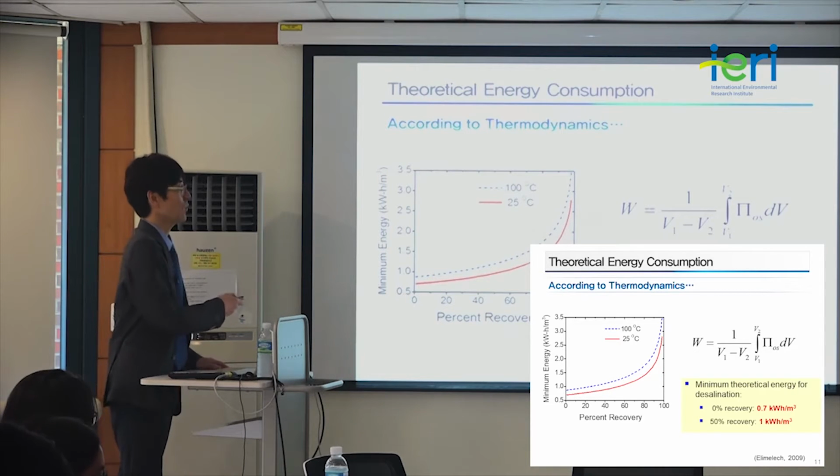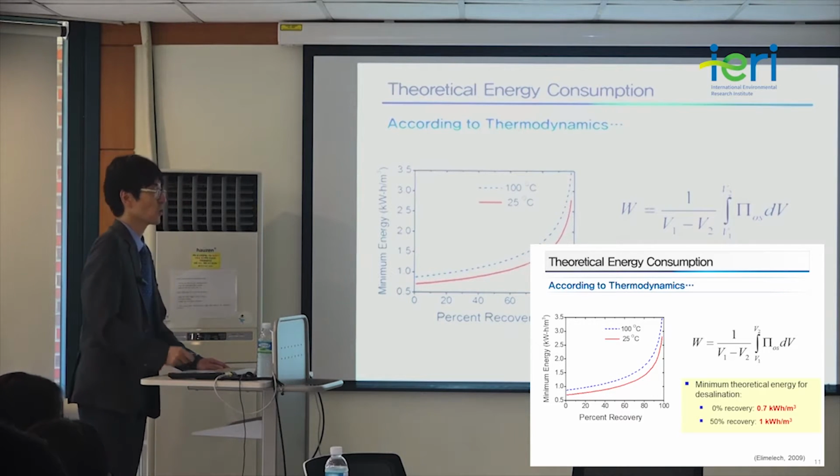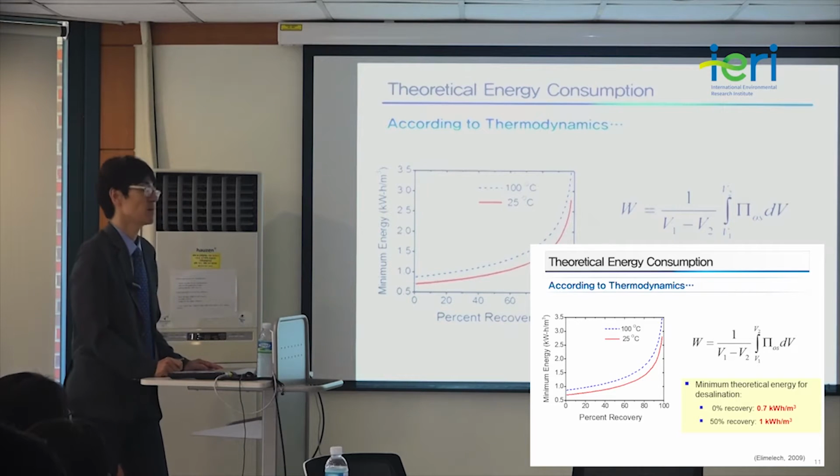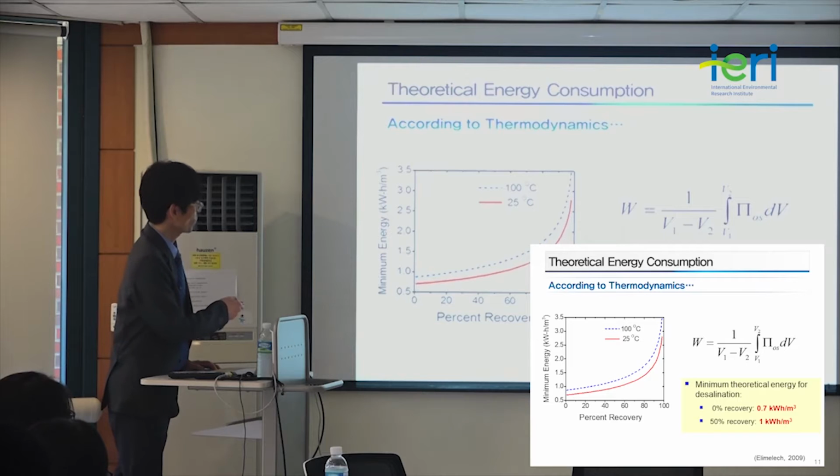But anyway, in theory, if we have the high temperature seawater, we'll have higher osmotic pressure, so we will have higher minimum thermodynamic energy. So that's the relationship that I'm talking about here. If you increase the recovery, the minimum energy or thermodynamic energy will increase.